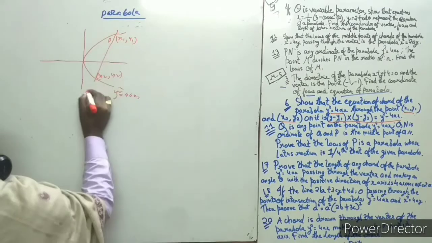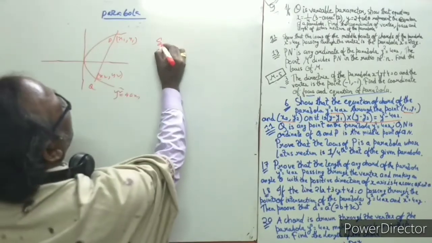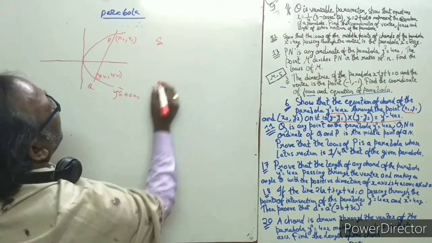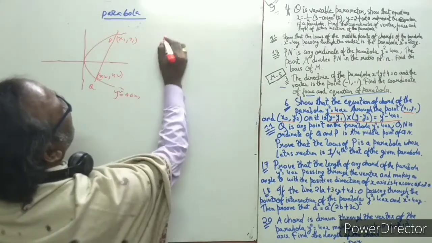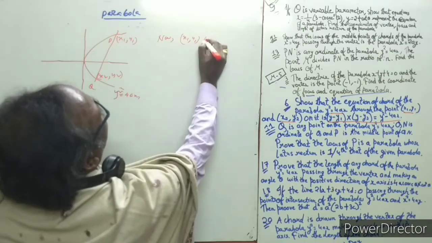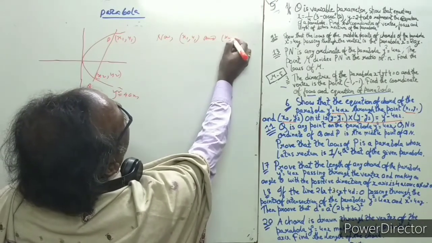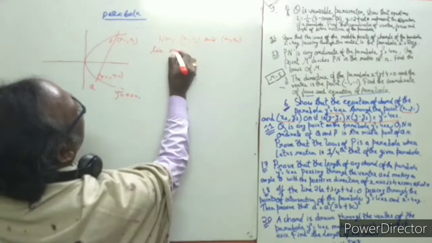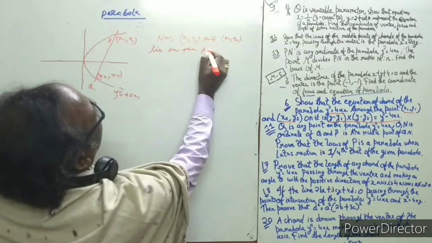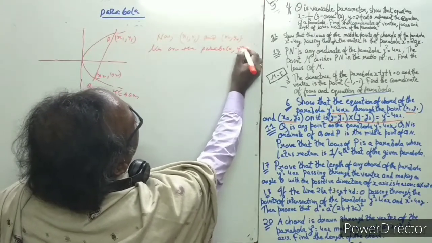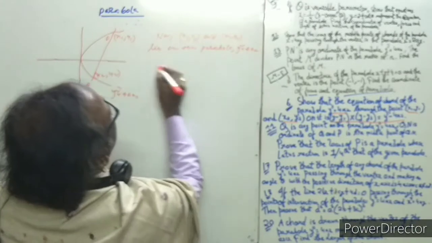Let us assume these are P and Q. So these 2 points lie on the parabola, that is, x1 comma y1 and x2 comma y2 lie on the parabola y square equal to 4x.